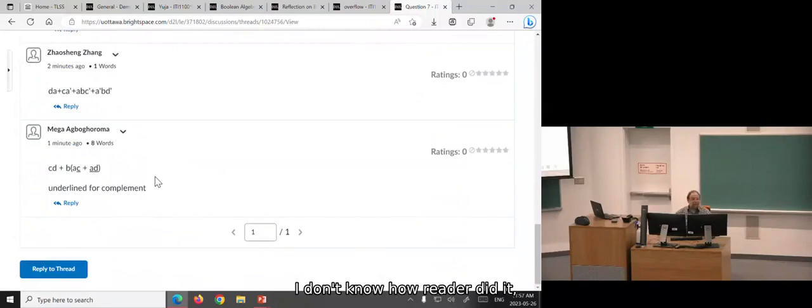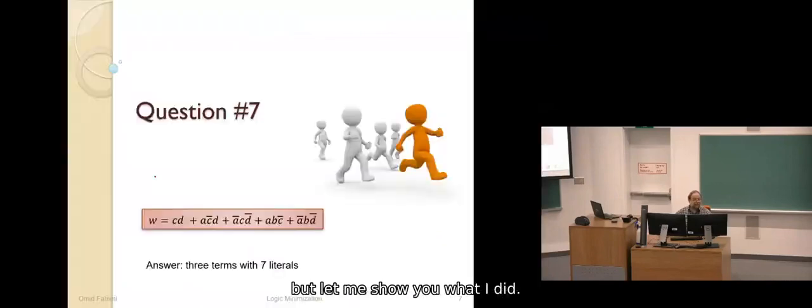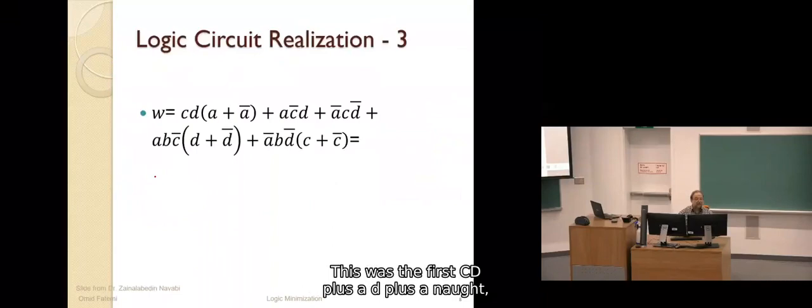I don't know how Rida did it, but let me show you what I did. Okay, this was the first: CD plus A C naught D plus A naught CD naught plus A B C naught plus A naught B D naught.